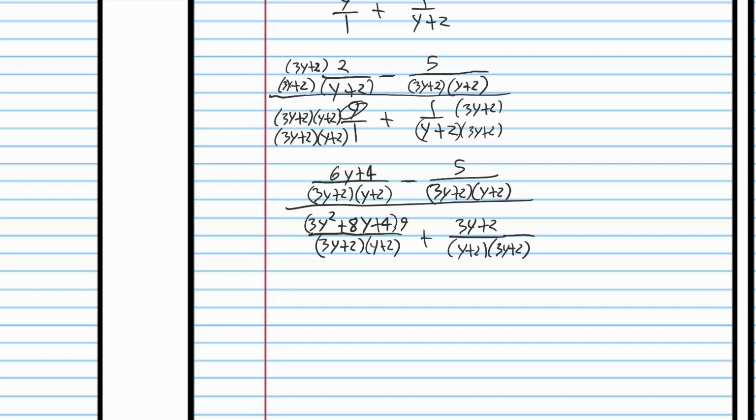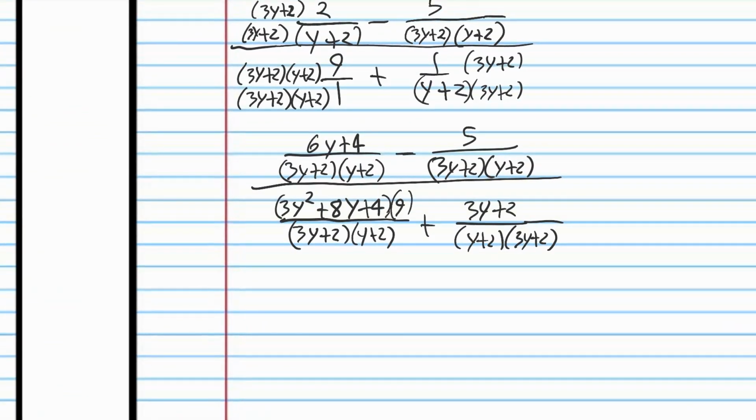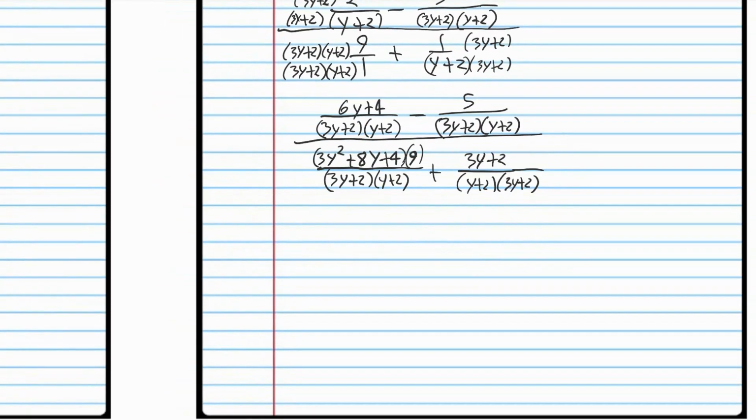Then I'm going to multiply it by 9, and we use distribution. I should probably put parentheses around the 9. So distribute to all these terms. Whoops, that should be a minus.